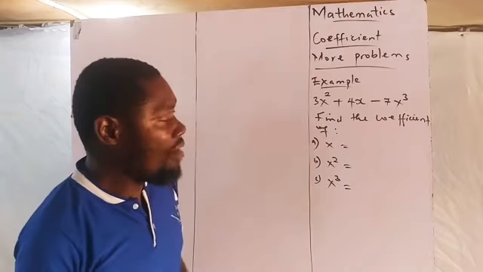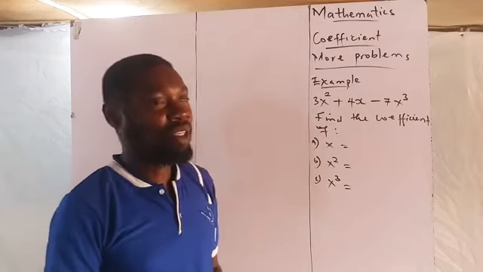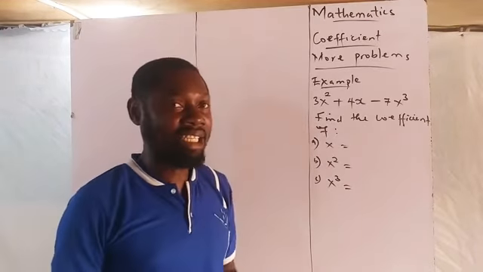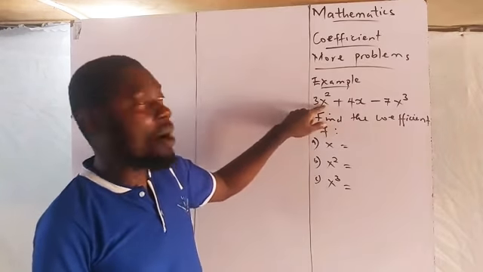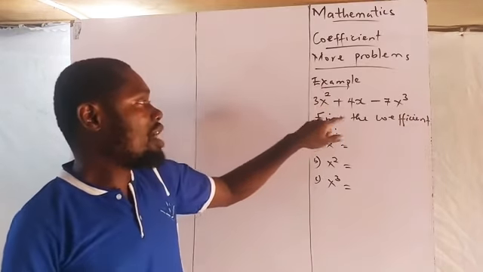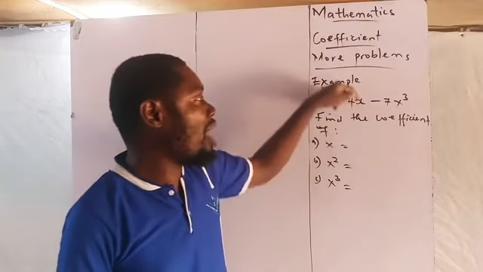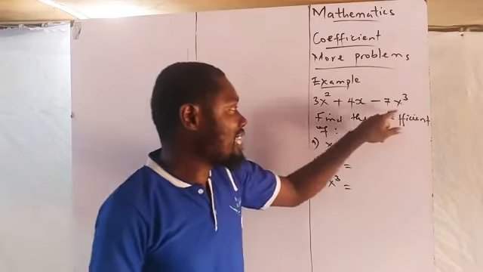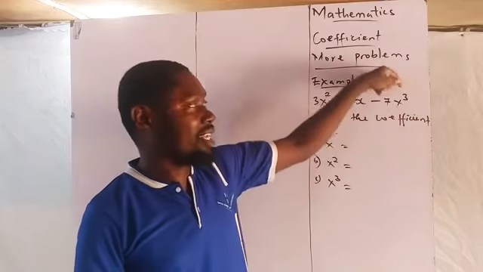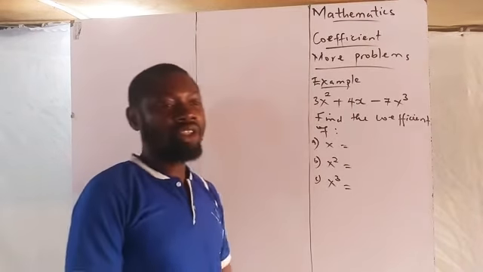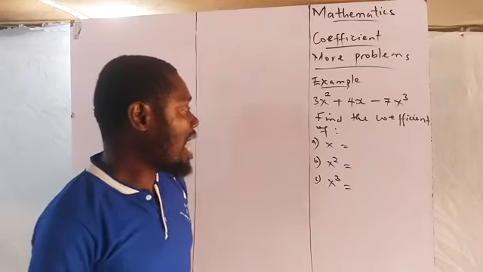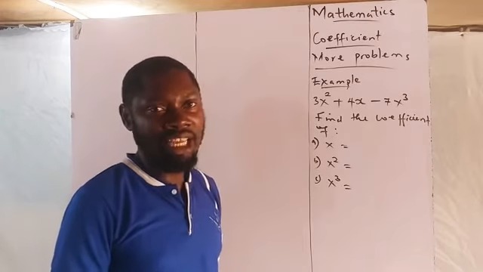What is the coefficient of x? Now look, we have different x in this problem. We have one x that is raised to power 2, one x that has no power on it, and another x that is raised to power 3. What they want you to do is to write out the coefficient alone.